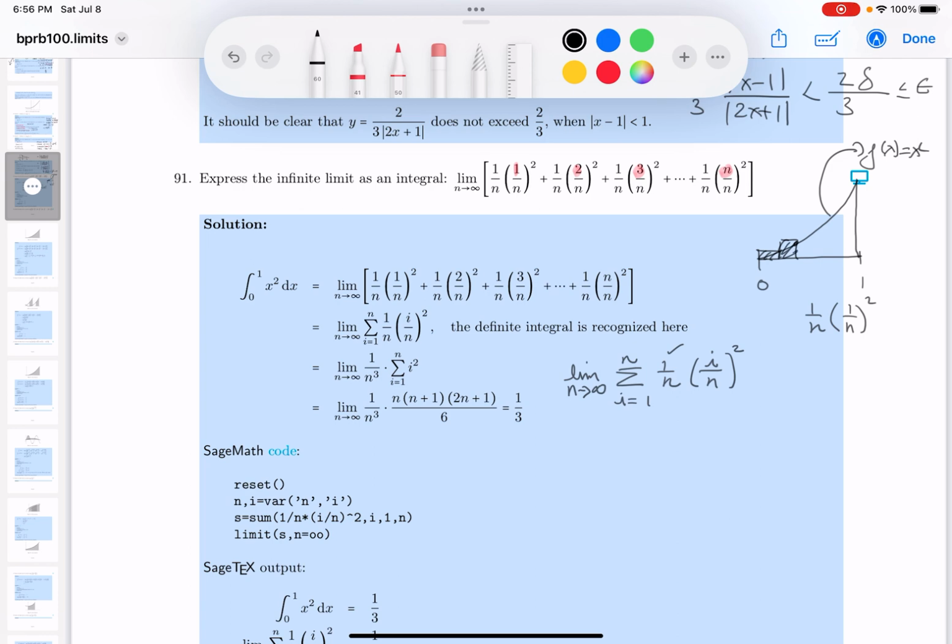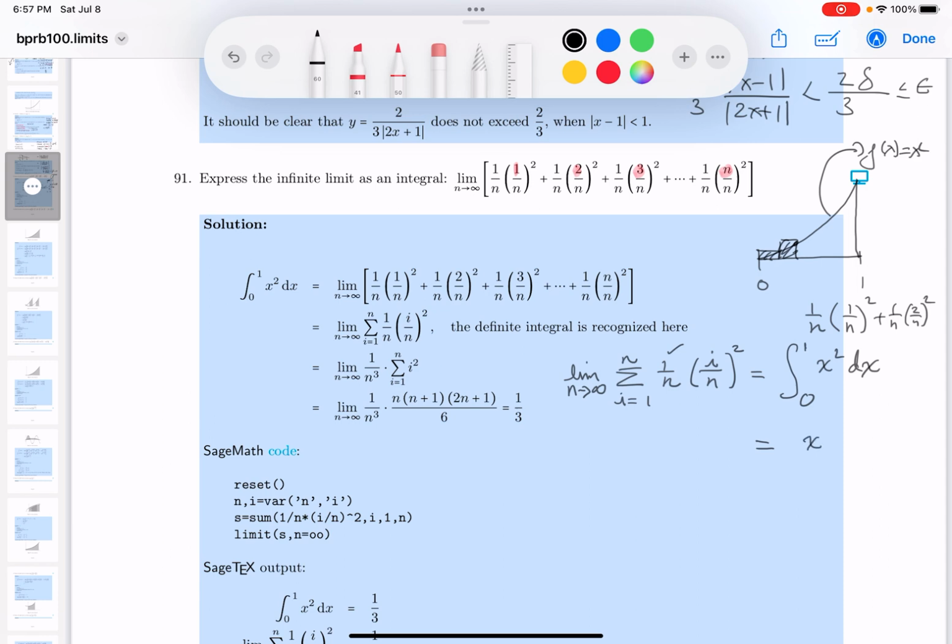This is a right endpoint, by the way, plus 1 over n. Oh, that's 2 then, 2 over n. And this looks like the ticket. So I'll write this over here for you. This would be an integral from 0 to 1, x squared dx, which is relatively simple to evaluate.